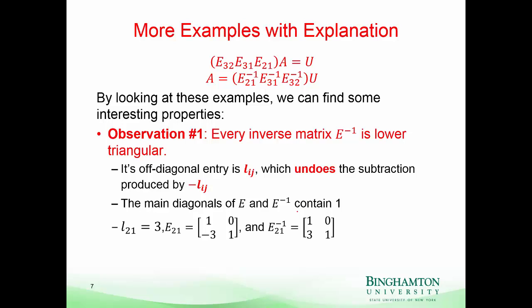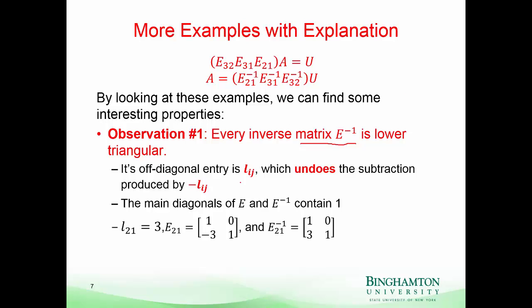So observation number 1, when we looked at these inverse matrices, every E inverse is itself a lower triangular matrix. So the E's are lower triangular, and the E inverses are lower triangular.